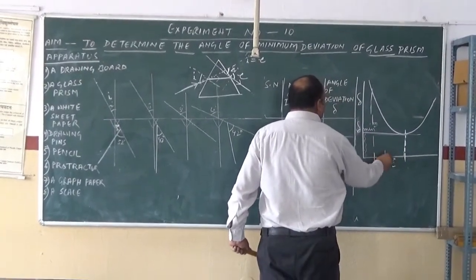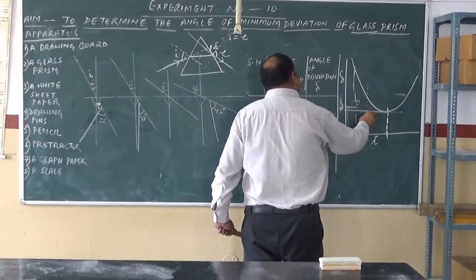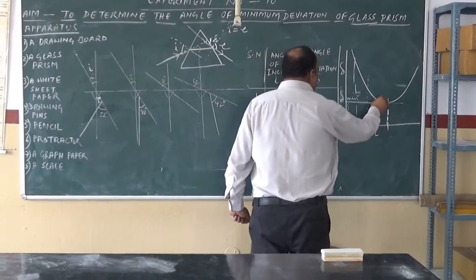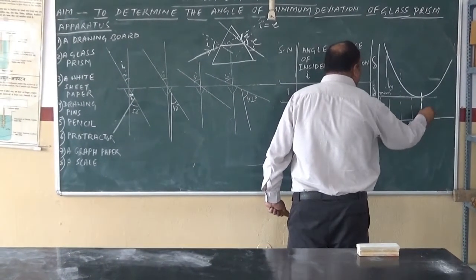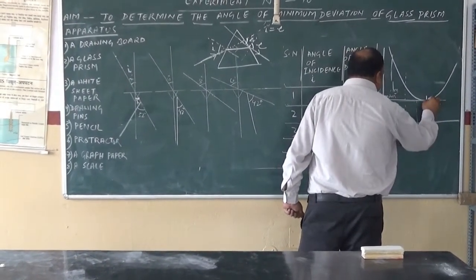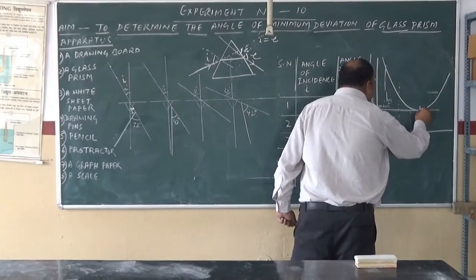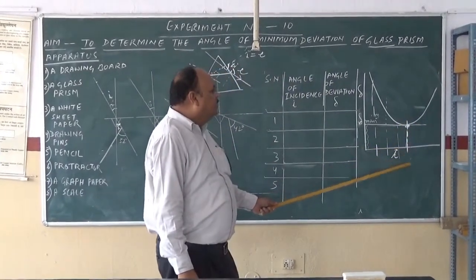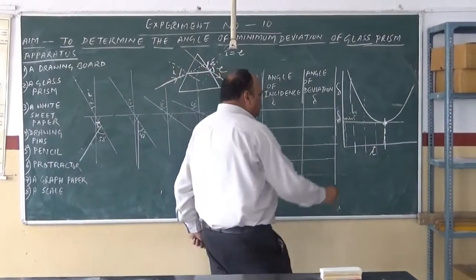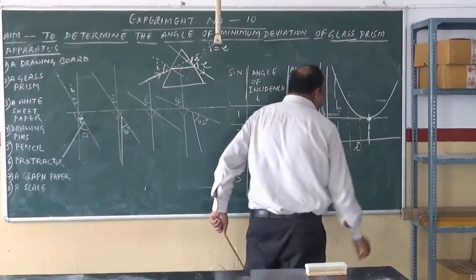As we increase the angle of incidence, the angle of deviation decreases, again decreases, and after a certain point we see that the angle of deviation increases. This point represents the minimum angle of deviation.